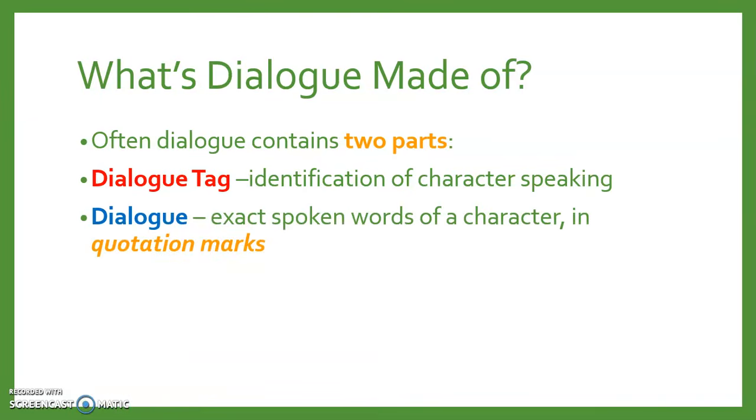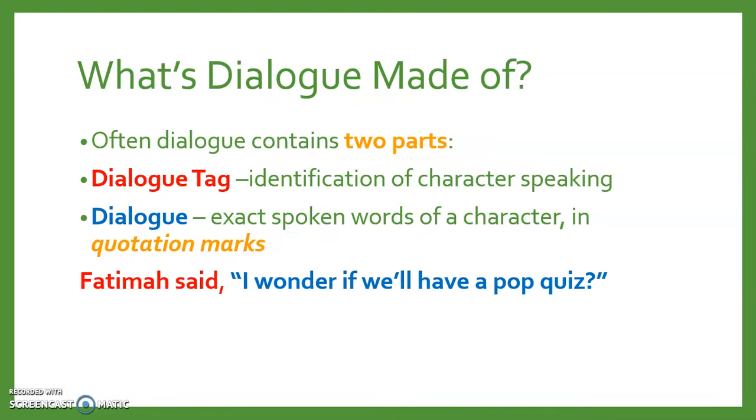And then, of course, dialogue is our exact spoken words of the character in quotation marks. So here's an example. Fatima said, "I wonder if we'll have a pop quiz." So Fatima's the one speaking here. She's part of the dialogue tag. And then she says, "I wonder if we'll have a pop quiz." So those are her words. That's the dialogue. It's in quotation marks.